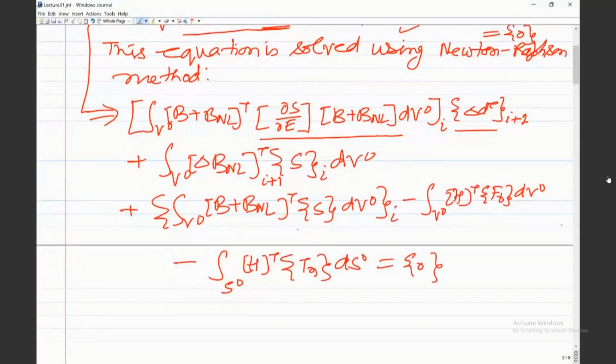So this is the incremental form of the equation after using the Newton-Raphson method.